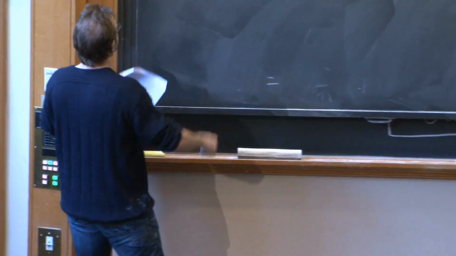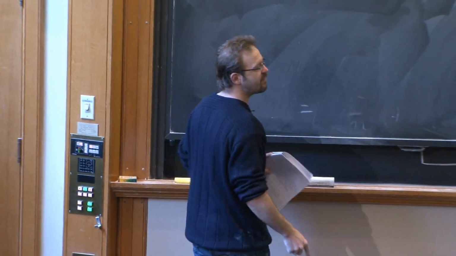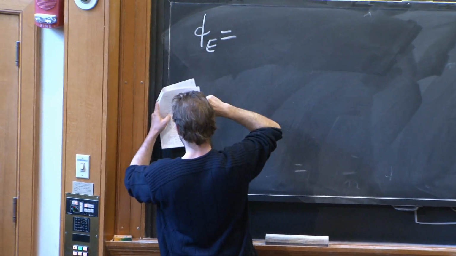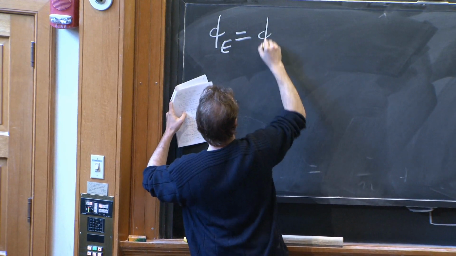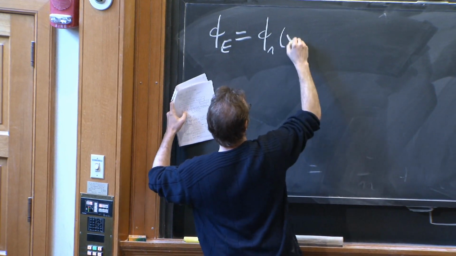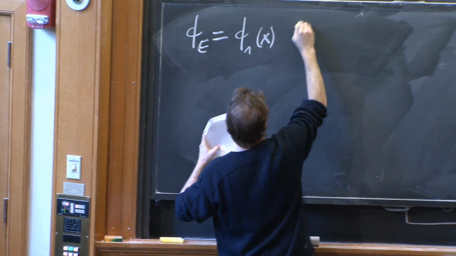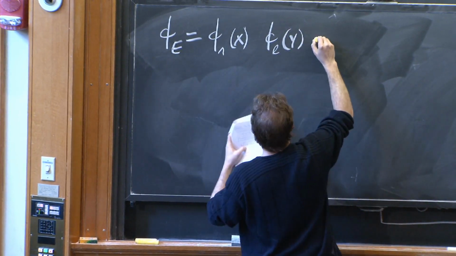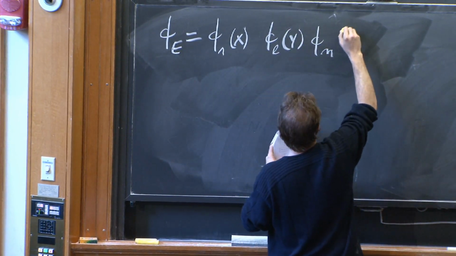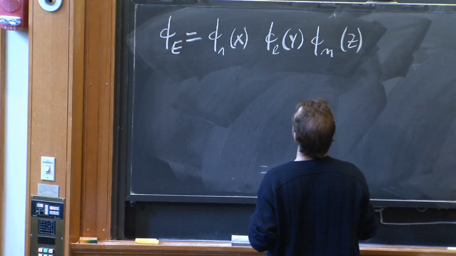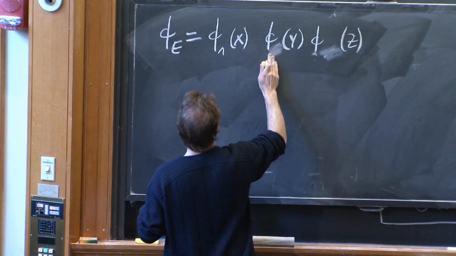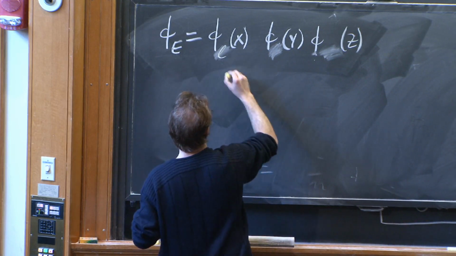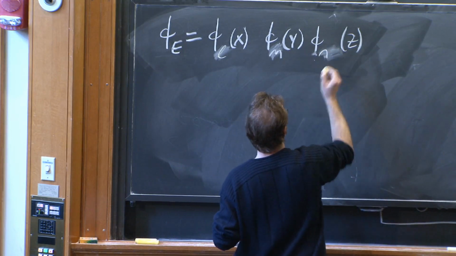So the upshot is that I'm going to write that in slightly different notation. If I write phi_E is equal to phi_l of x, phi_m of y, and phi_n of z. Actually, that's a stupid ordering. Let's try that again: l, m, n. That is the alphabetical ordering.